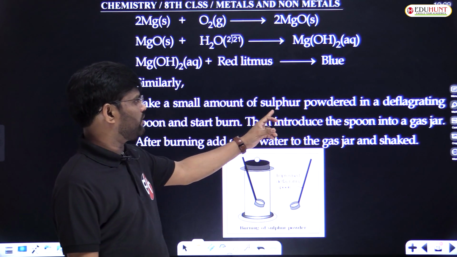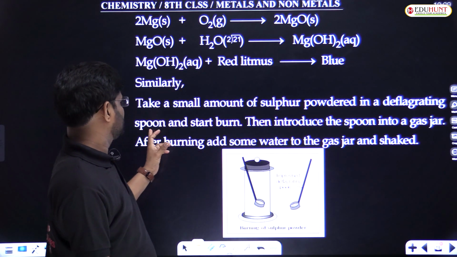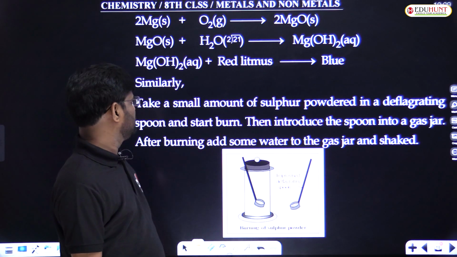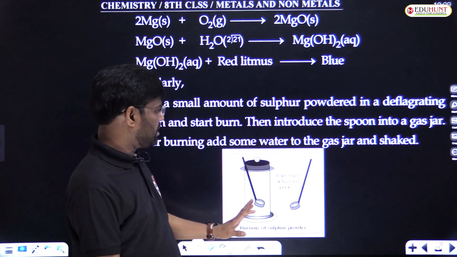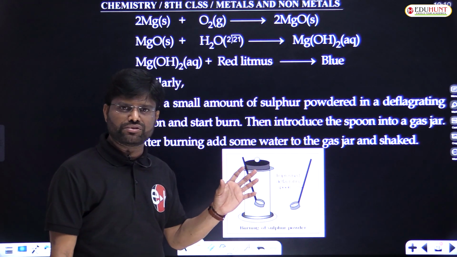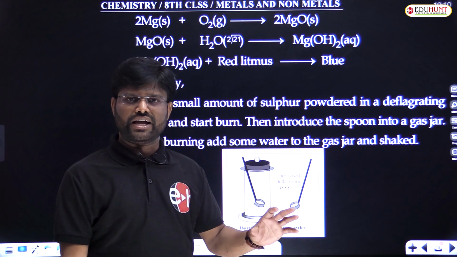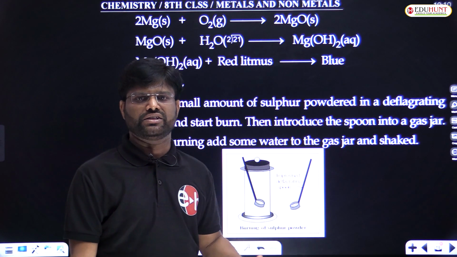Take a small amount of powdered sulfur in a deflagrating spoon and start to burn. This also I explained. Sulfur reacts with oxygen, forms sulfur dioxide. The produced sulfur dioxide reacts with water to form sulfurous acid.